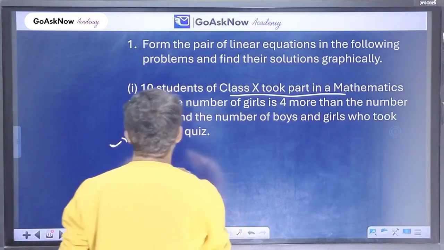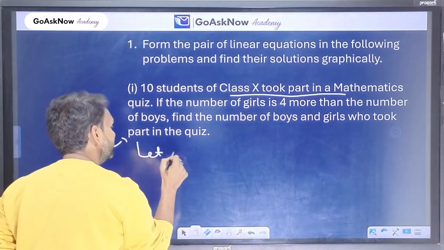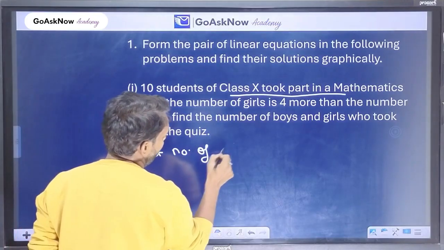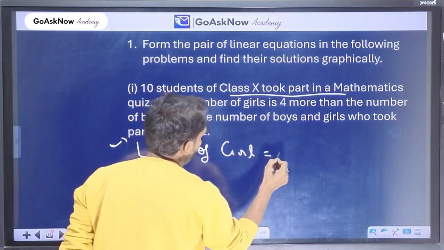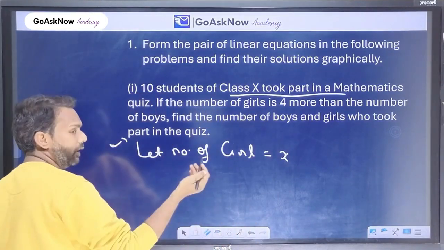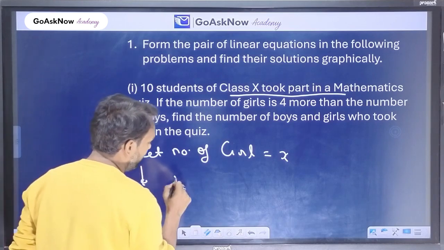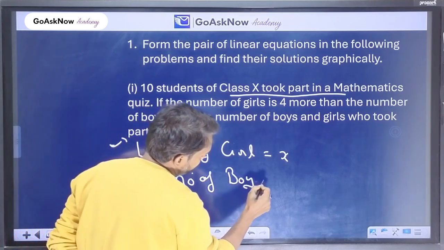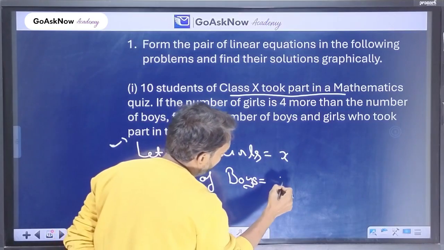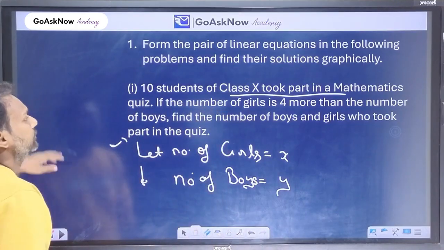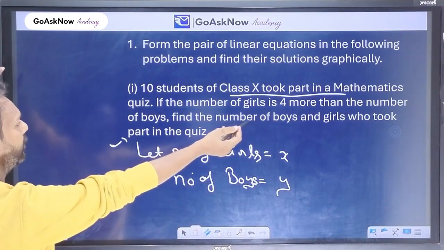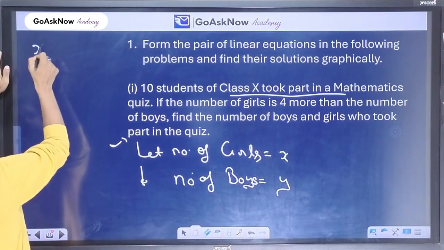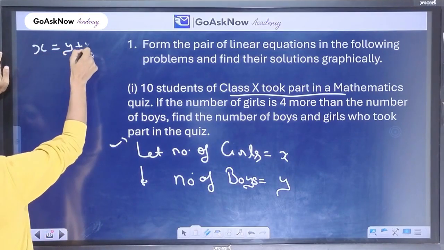So let the number of girls be x, or g, whatever you want. Then the number of boys equals y. If the number of girls is 4 more than the number of boys, it means x equals y plus 4.